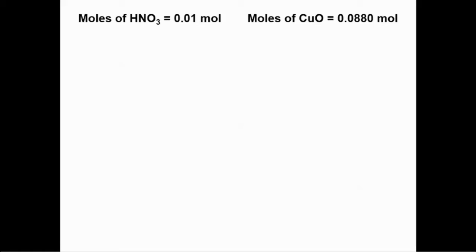Okay, so now we have the two numbers of moles. We have moles of nitric acid and moles of copper(II) oxide used in this reaction. Next, we are going to determine which one of these two will become the limiting and which one is the excess reactant.